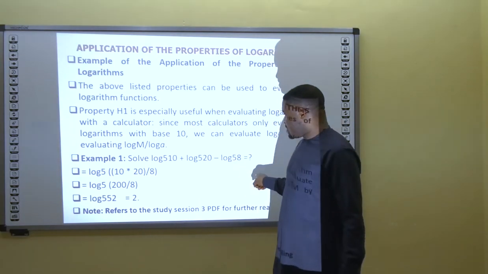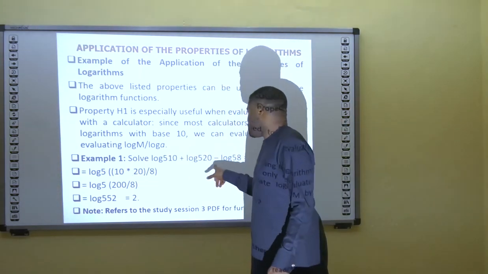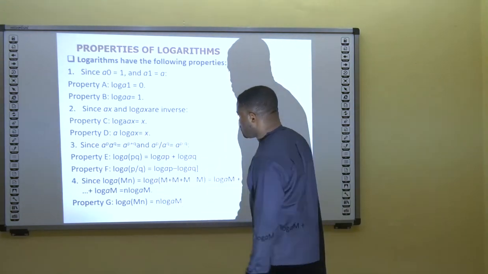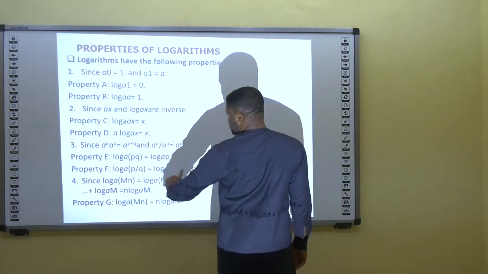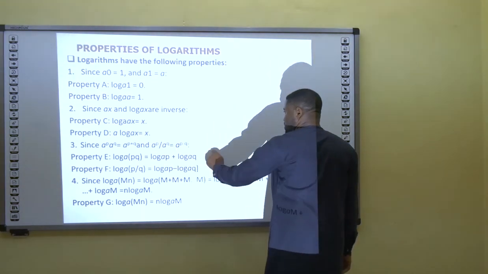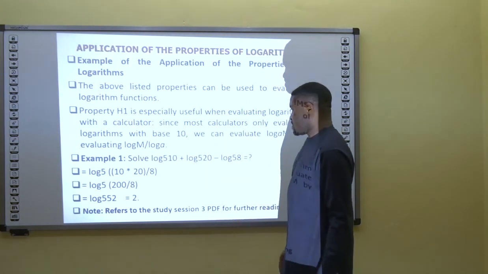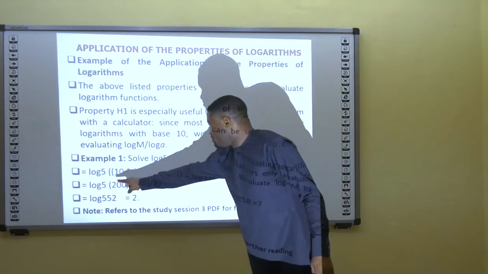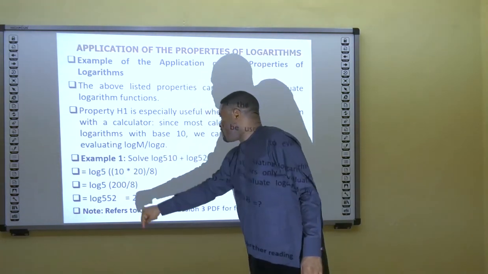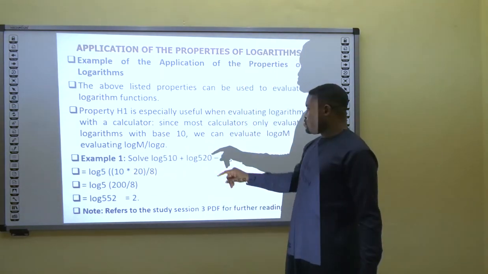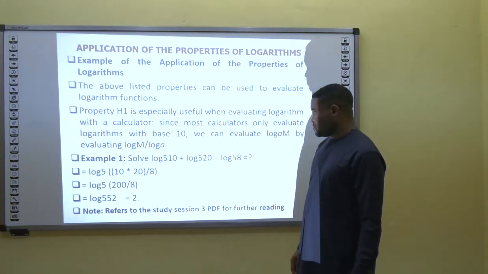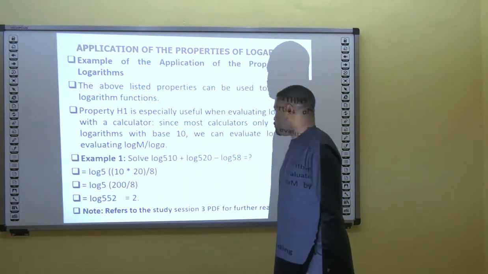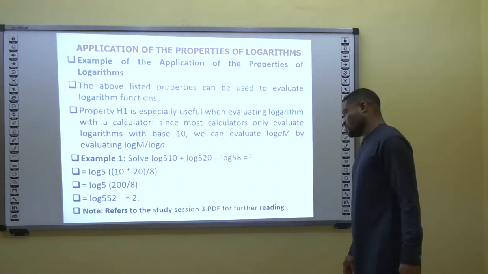If there's a question mark here saying what does this all represent, then if you go back to the function where we have a raised to the power a plus b, it means that we can divide this by this to have that answer. So if you look at this, you see that this can be said to be log 5 of 10 times 20, or you can say this can be log 5 of 200 divided by 8 and all that.